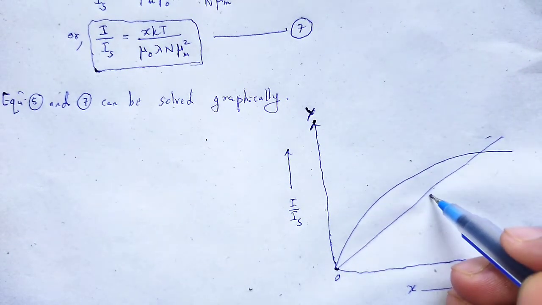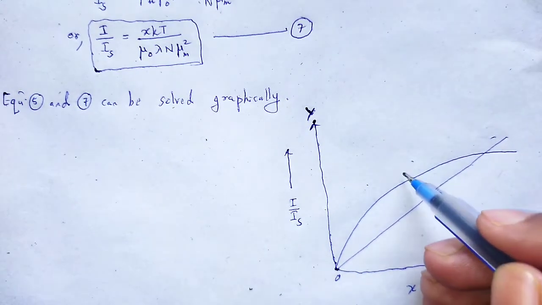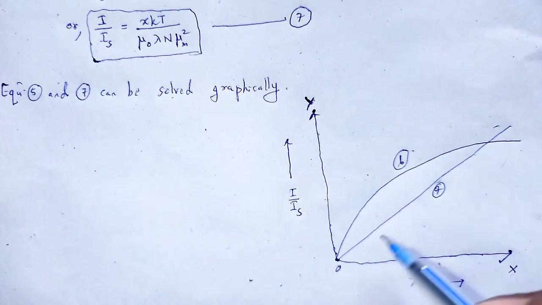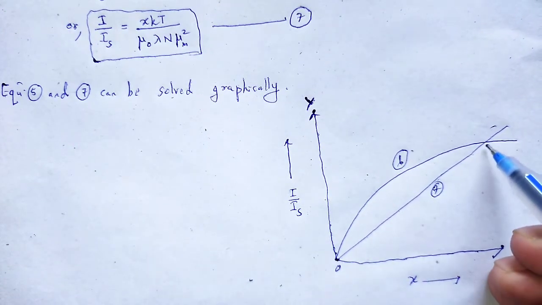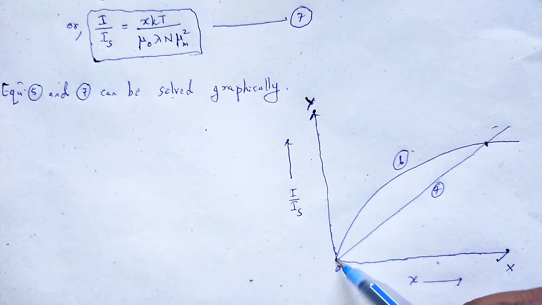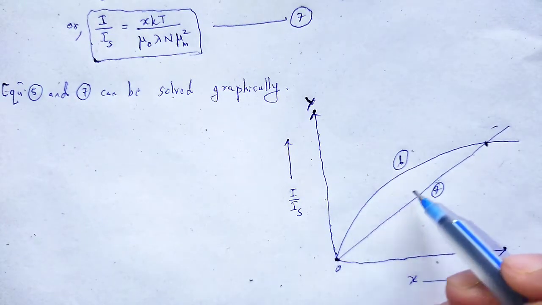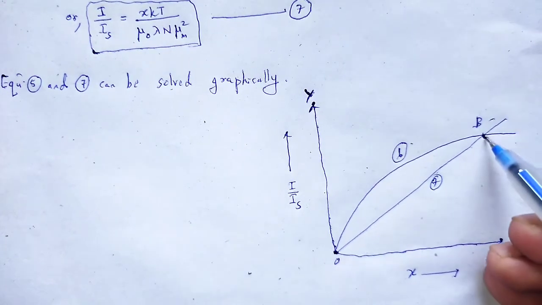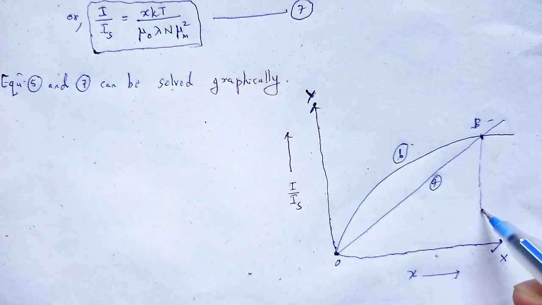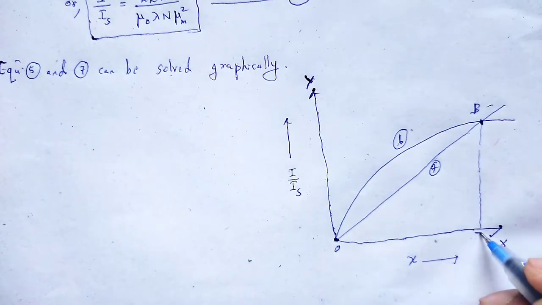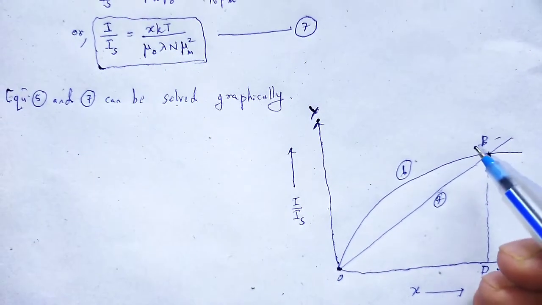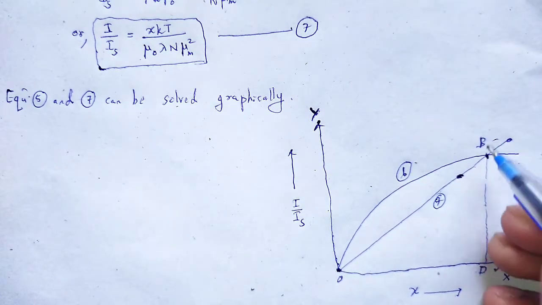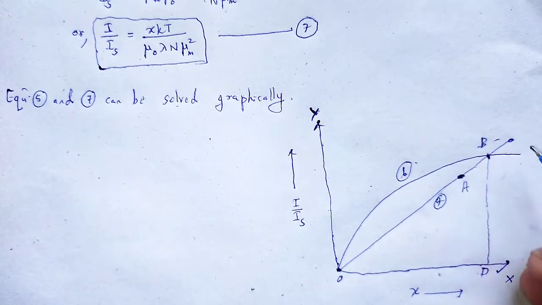These two graphs intersect at the origin as well as another point, let it be B. Two points we choose from that line, one is A, another one is C.